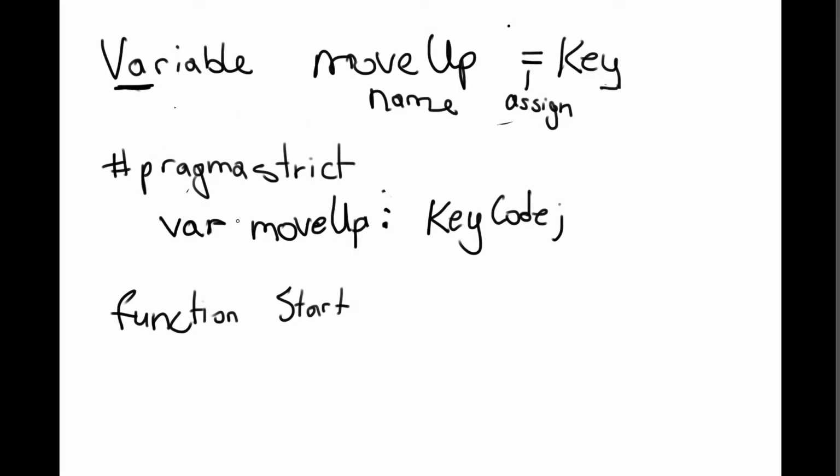So the first variable we created is called move up, and that is a key code, and we end this statement by this semicolon, which ends the statement. Like so. I'm going to erase at least this part here.